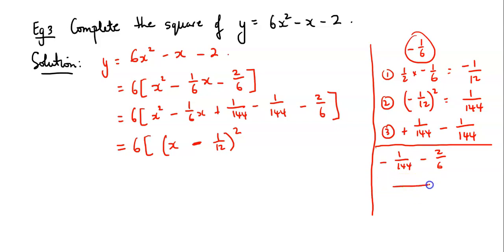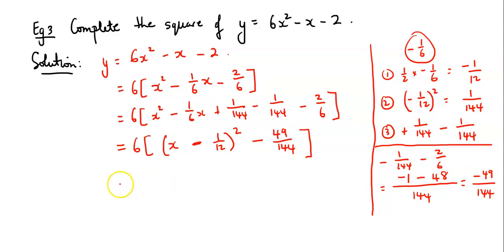The LCM in this case is 144. 144 into 144 is 1, 1 by minus 1 is minus 1. 6 into 144 is 24, and 24 by 2 is 48. So we have minus 48, minus 1 is minus 49. So we have minus 49 over 144, putting back our close square brackets.